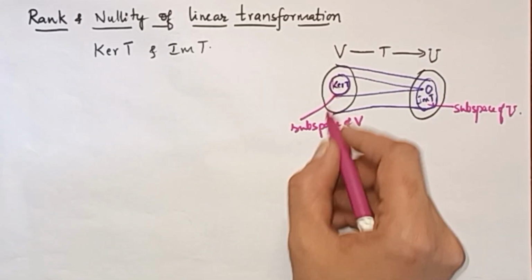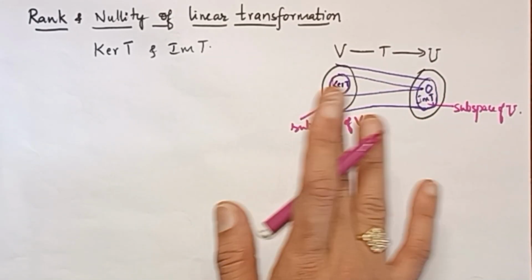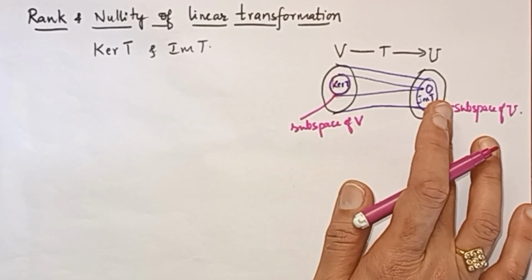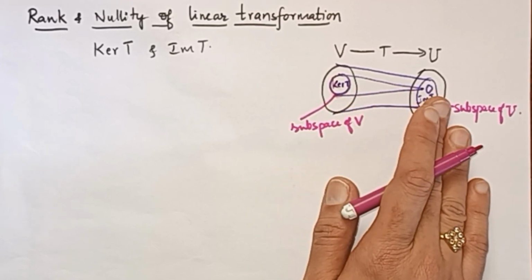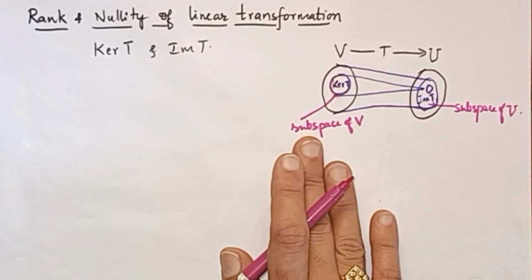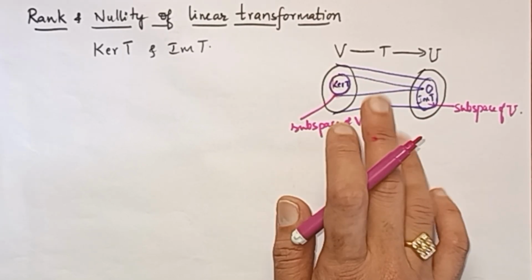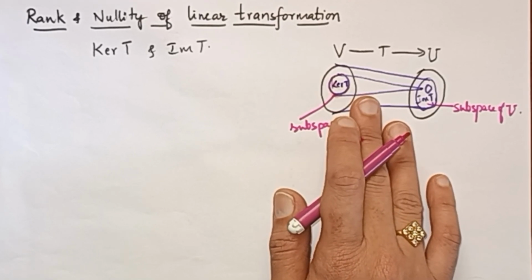So if kernel of T and image of T are subspaces, they are vector spaces independently. If they are vector spaces, then those vector spaces will have a basis, and the number of elements in a basis is called the dimension.